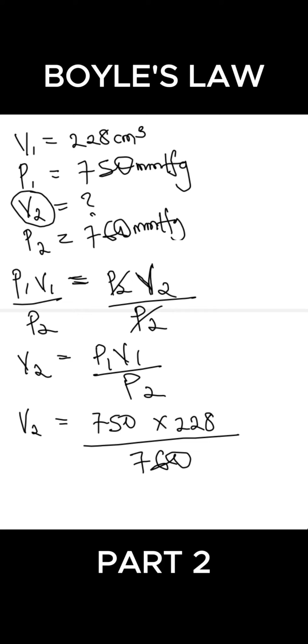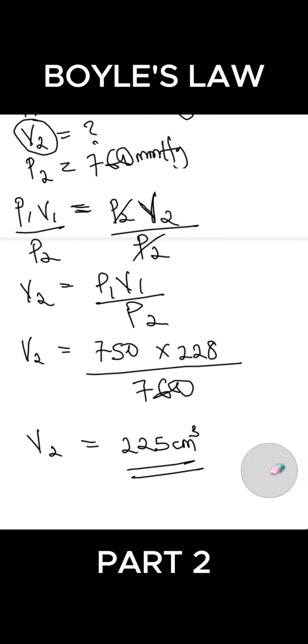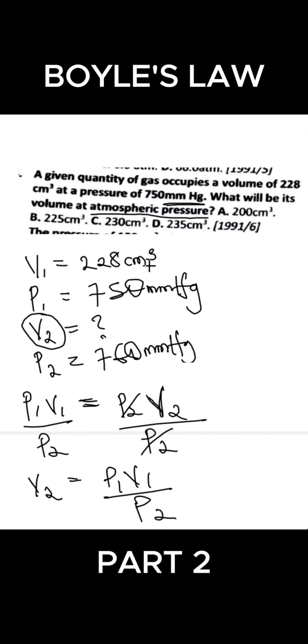So if you multiply 750 times 228, then divide by 760, the answer you get is 225 cm cube, which is the final volume. So check your answer, and you see the answer is 225. B is the answer. If you follow on like this, you will pass your JAMB, your WAEC, and your international exams. Very simple.